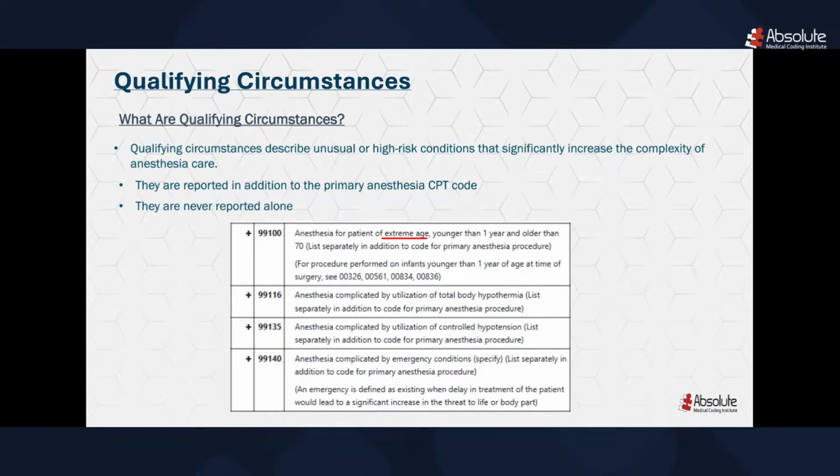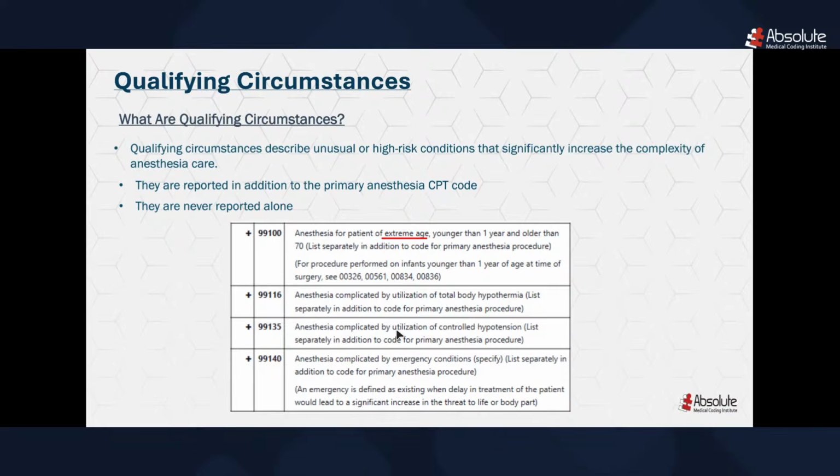These codes are also not reported alone. They are reported with the primary codes. Yes, these are add-on codes, and they're reported with the main anesthesia CPT code. So let's again look at each one of them so you understand exactly when to apply them.